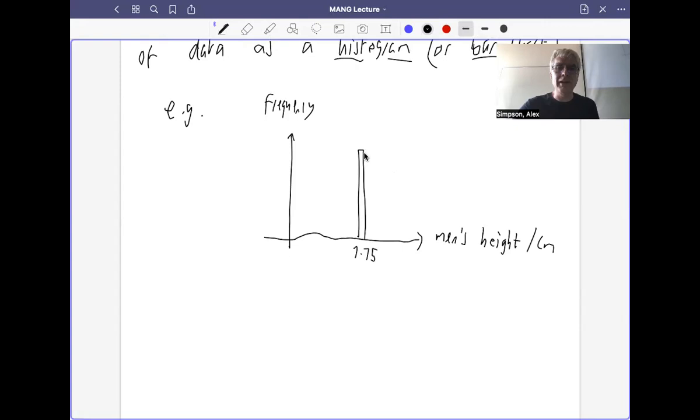There are likely to be more people on 175 itself than anything else, but not many fewer on 176 and 174, and not many fewer than that on 177 and 173. I don't want to draw a very exhaustive picture, but at some point it's going to start dropping down a bit faster. And then we tend to get very small people, but people can differ from the average height by quite a lot. So I get some picture like that.